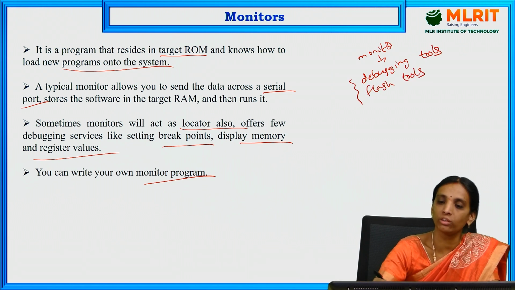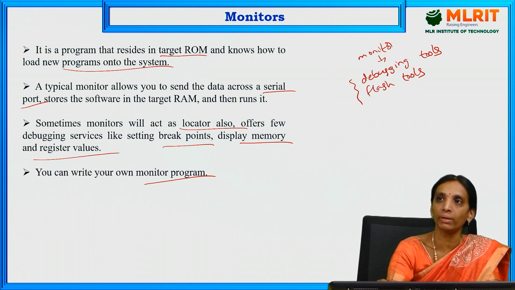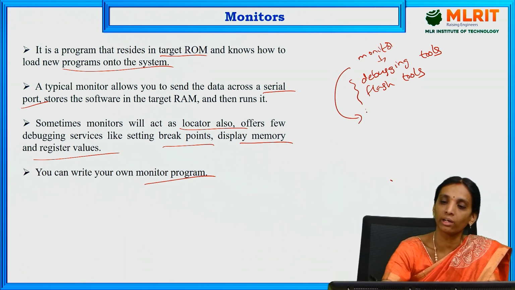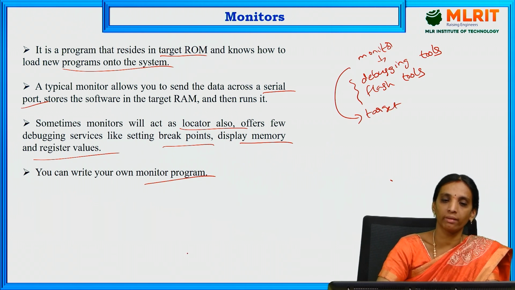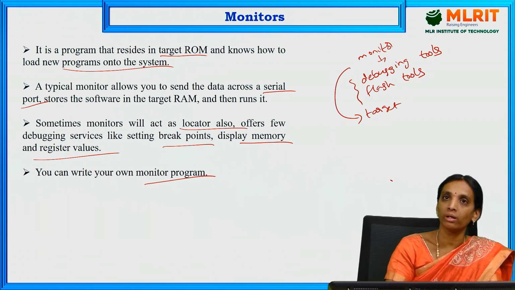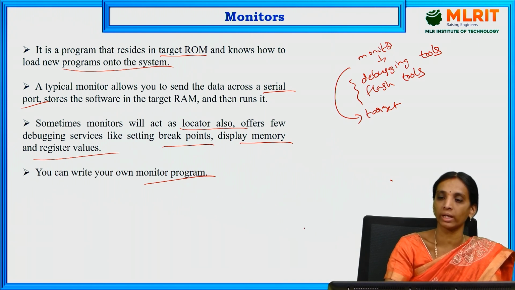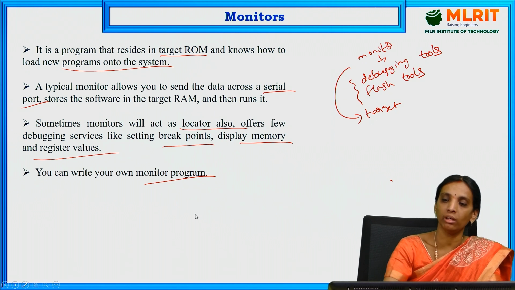By using those tools, we can easily copy our program from our monitor to the target machine. These monitors are used to transfer our program file or a binary image file, which is the executable file developed by the locator, into the target machine through the serial port.